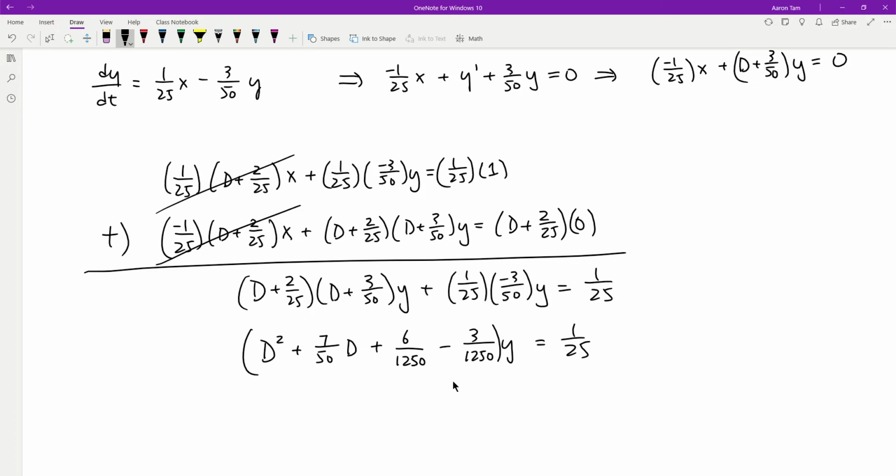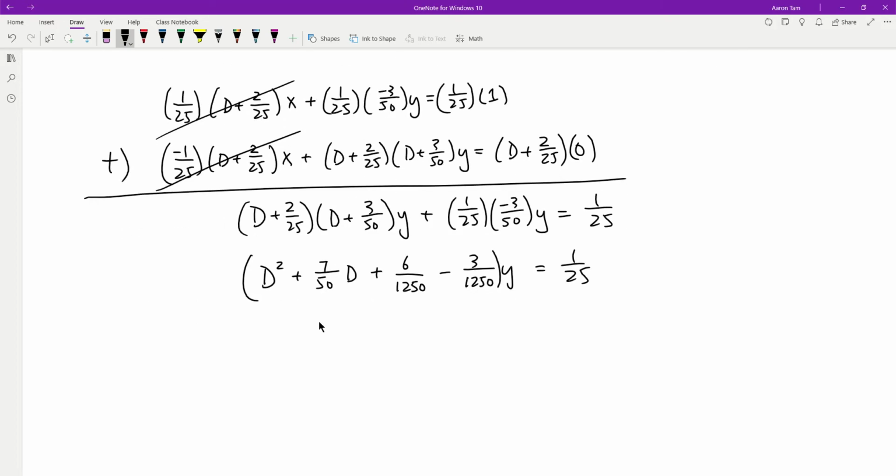So if I'm looking at this correctly, this comes out to be something like this, which actually makes it easier for me to evaluate.